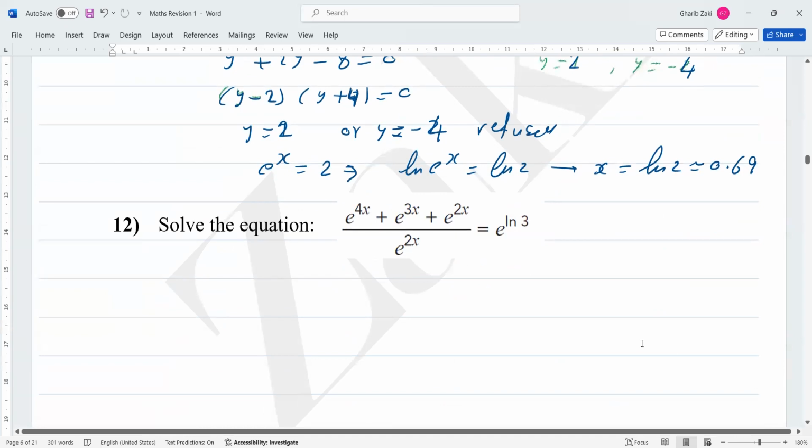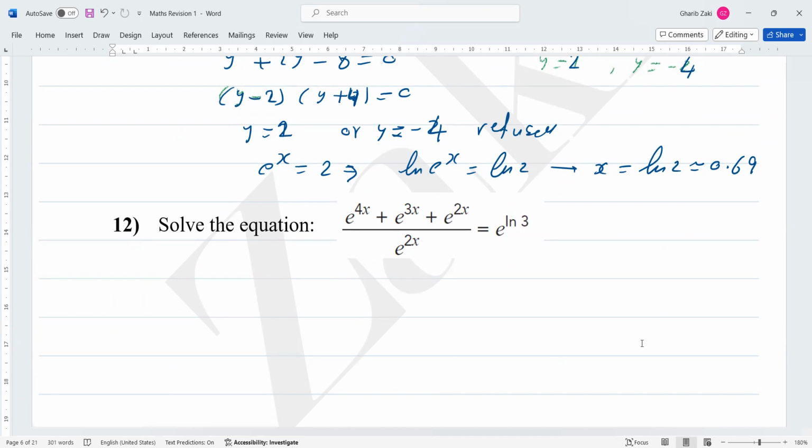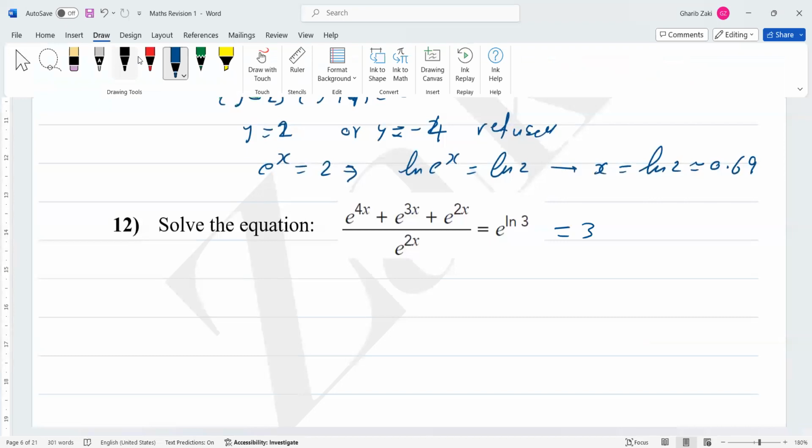Okay, try to solve this, please. Solve the equation e to the power 4x plus. Think with me how to solve this. Of course, e power ln 3 equals 3. So this is the first step. And then we can do cross multiplication.